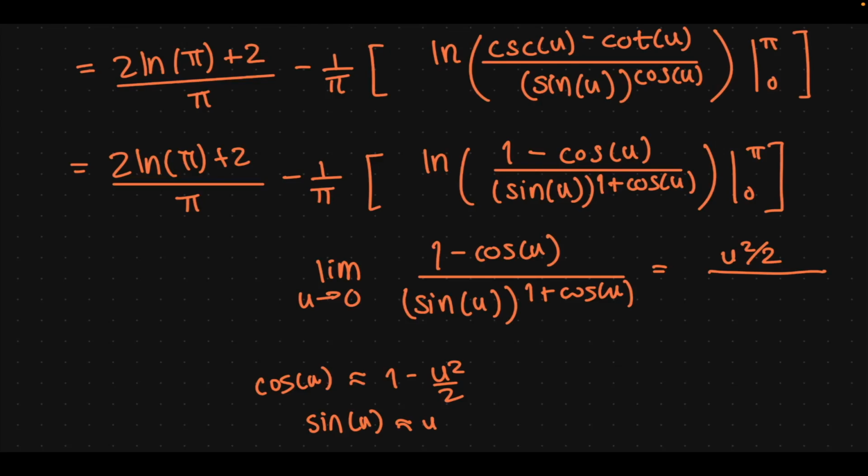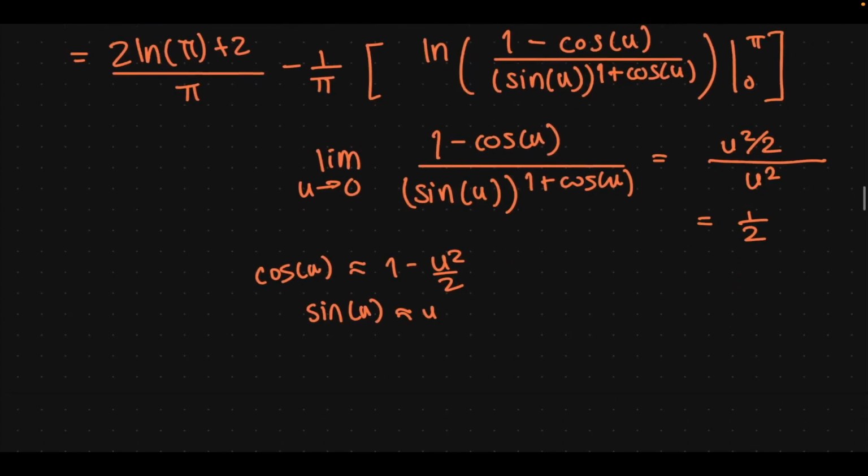And cosine, if we expand it according to the series, we get a 2, because the first term of the cosine Taylor series is the 1. So we get 2, and then we have a u down there, so we have a u squared. And in the limit u goes to 0, this is just 1/2.